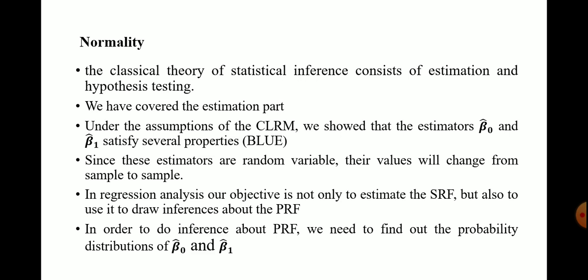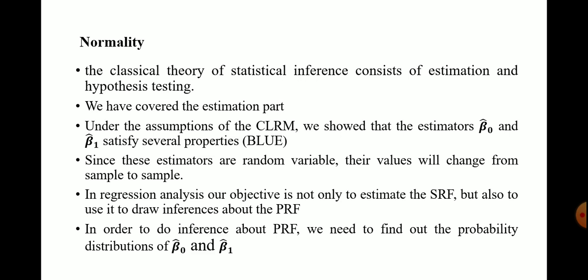If you increase the sample, or remove some numbers and add new ones, you will get a new beta cap 0 and new beta cap 1. Because of this, we call the estimators random variables.